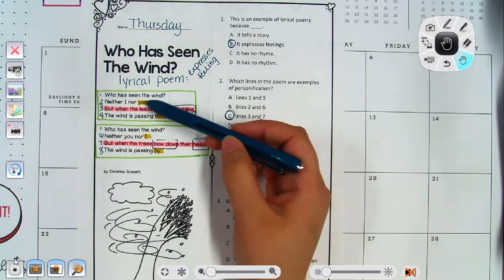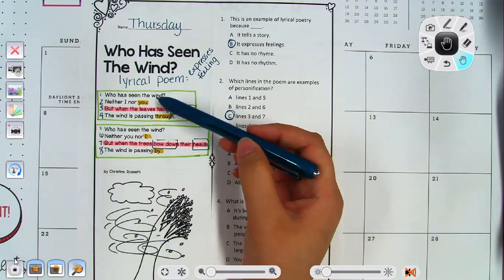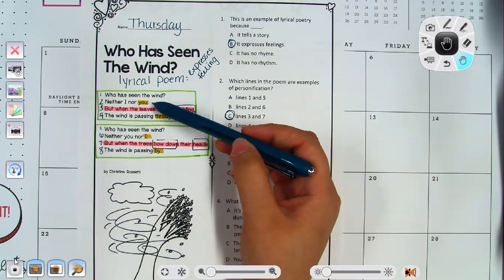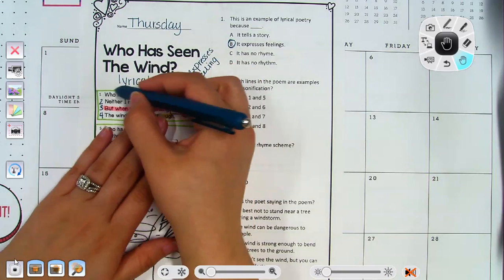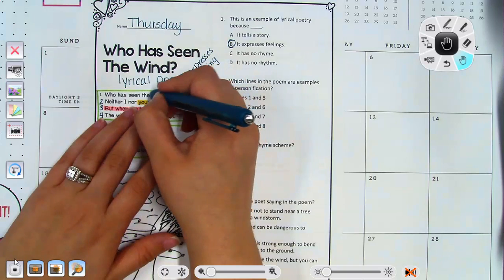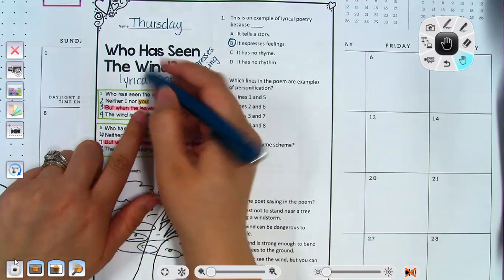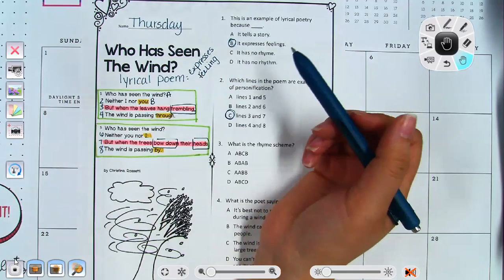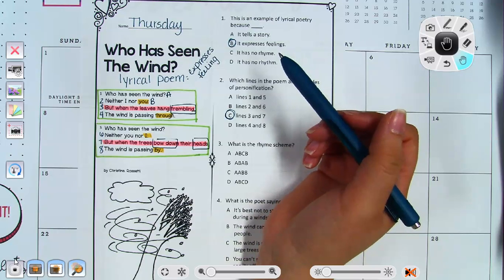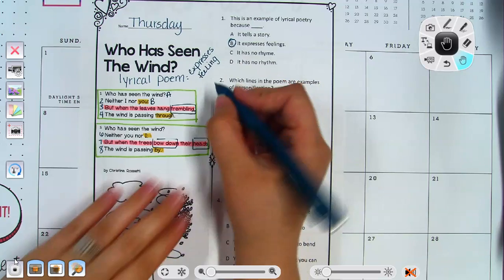We already highlighted the rhyming words. So I'll start it off for you. Line 1 is going to be A. Line 2 is going to be B, because lines 1 and 2 don't rhyme. And line 3 is going to be C.